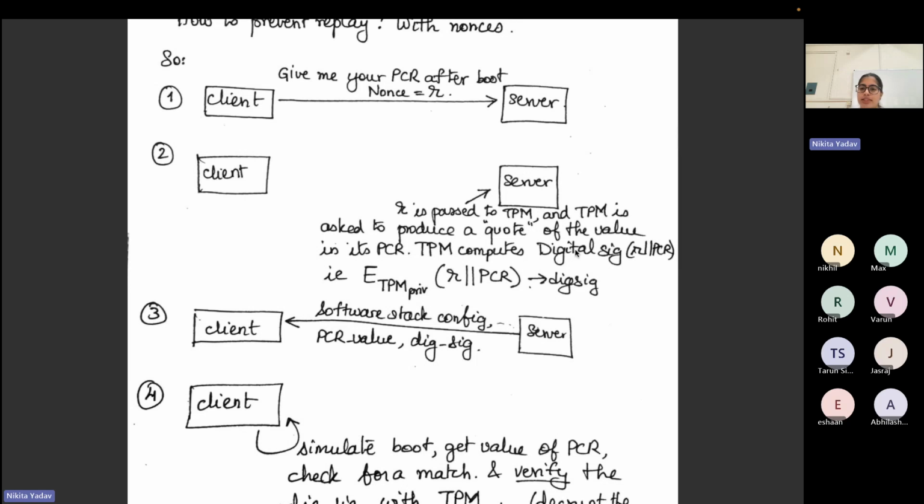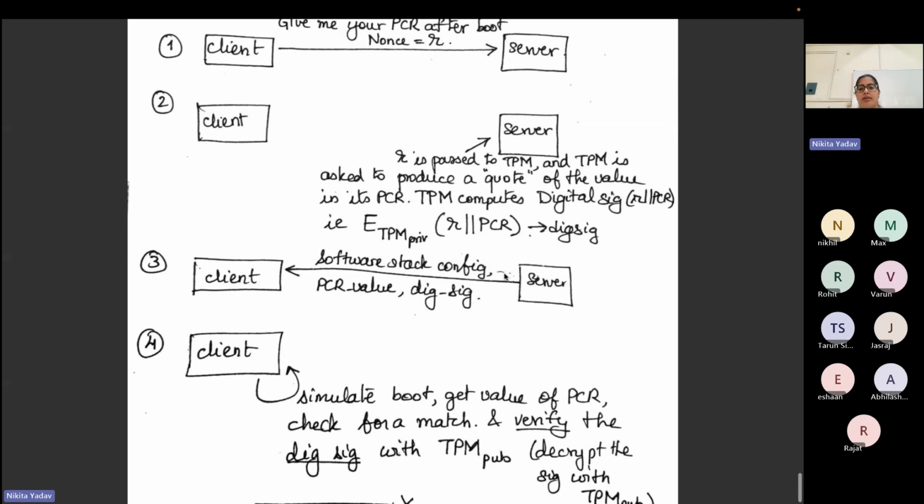So this digital signature is computed by the TPM on the value r concatenated with PCR, and it is nothing but the encryption of this value with the TPM private key. When the server replies, it sends the PCR value v3 along with the digital signature, and also the software stack config.